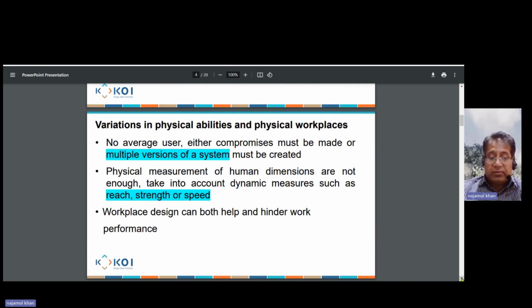It can be challenging for designers to ensure their design will meet the expectations of people who have physical disabilities, or in some cases some people might be tall, some people might be short. So there are a lot of things here as well.